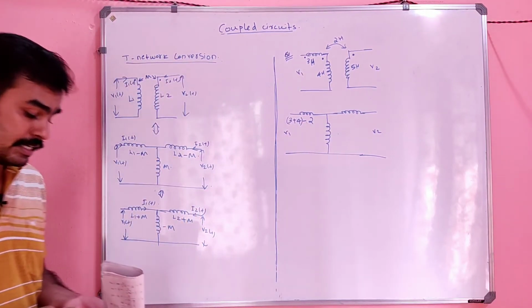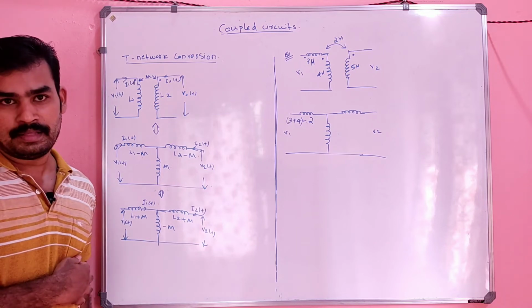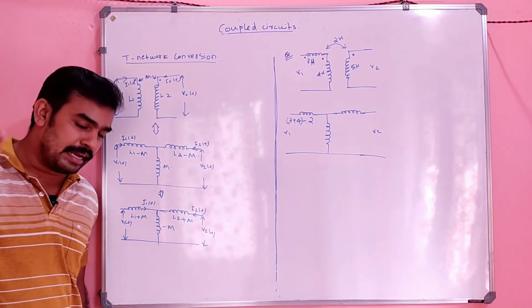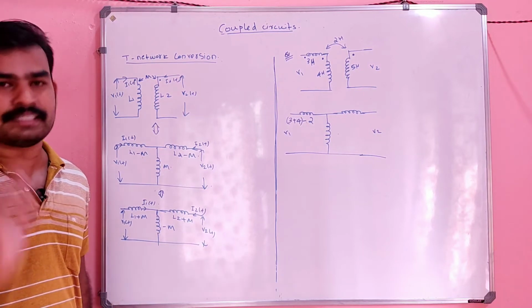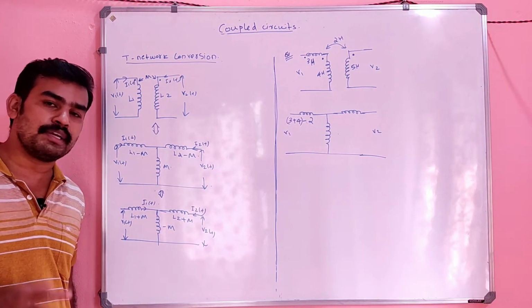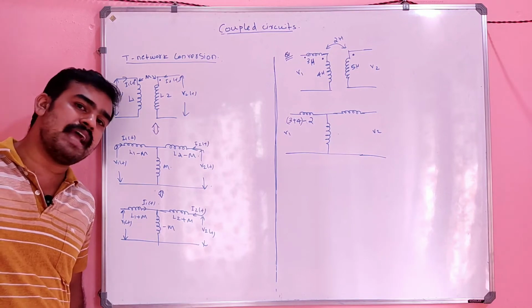I already told you that inductance will always be added. If n number of inductances are there, then n will be added together. There will not be any minus, because L1, L2, L3 will be added.